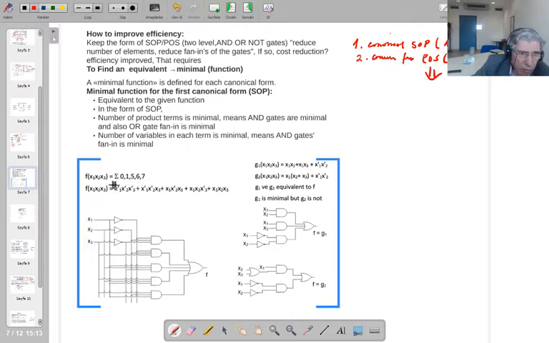Example, here you are. This is a function. For this first canonical form, we've got this expansion, the first canonical form expansion, an AND/OR expansion, and the product of sums expansion.